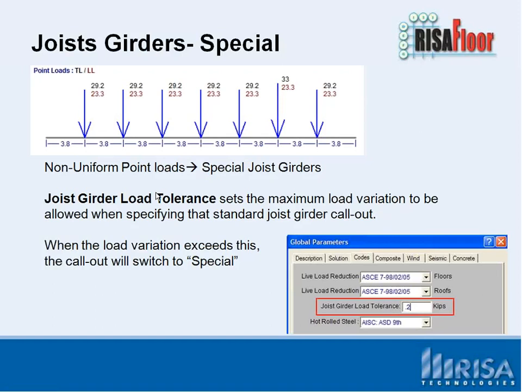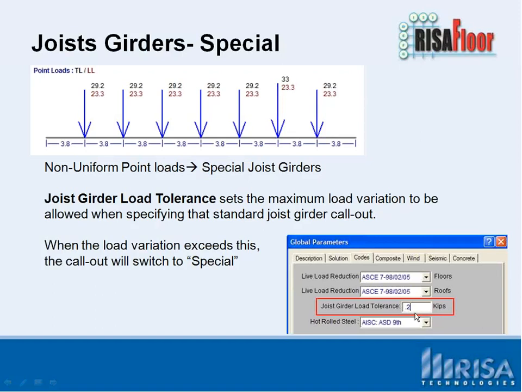So you're going to want to make sure that you're not just having a little spike of load, something maybe small. What we have here in global parameters is something called joist girder load tolerance. That allows you to set the maximum load variation allowed when specifying that joist girder call out. We can see it's listed as 0.2 kips.